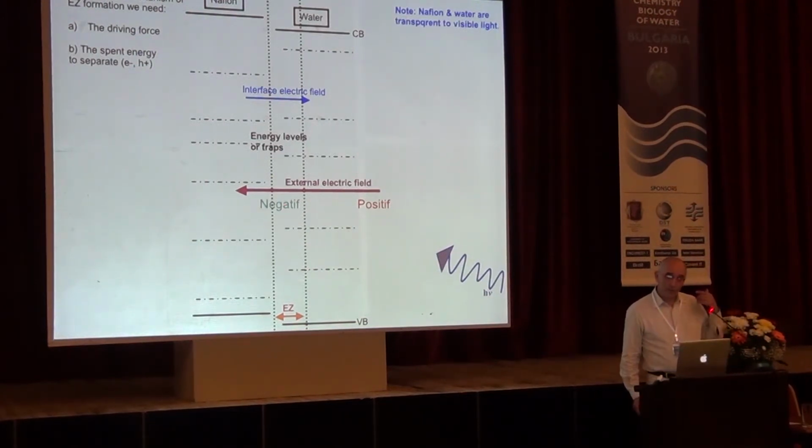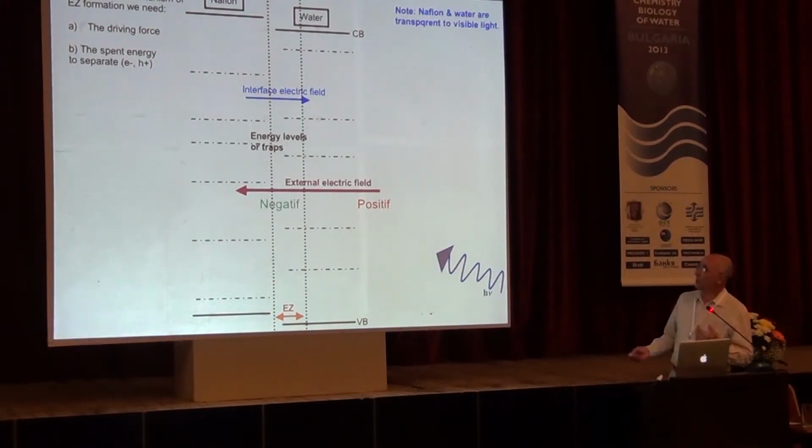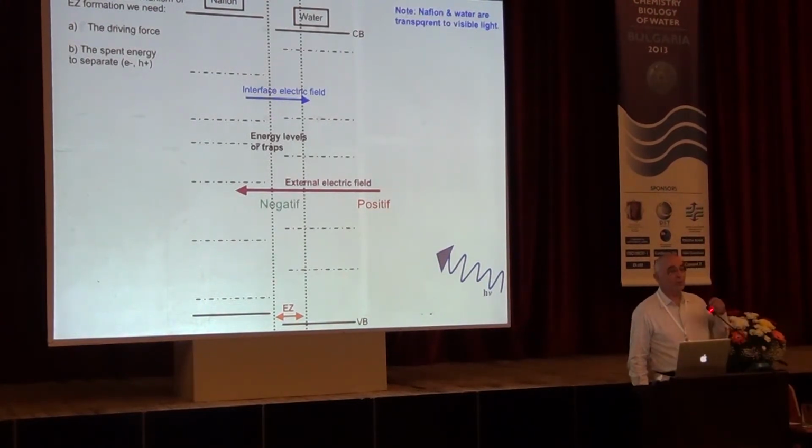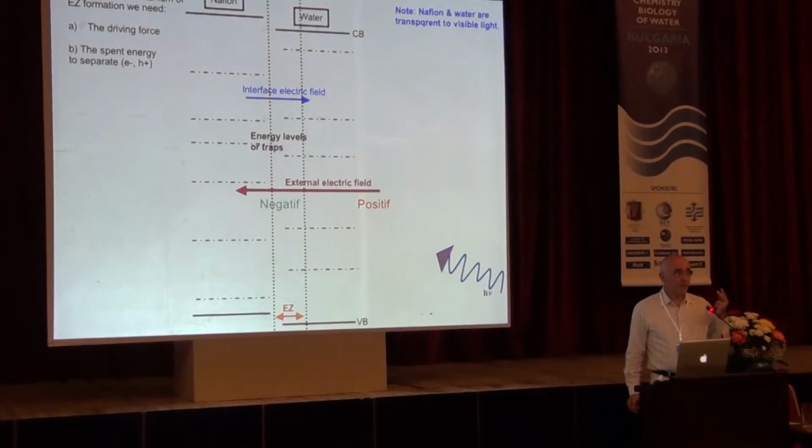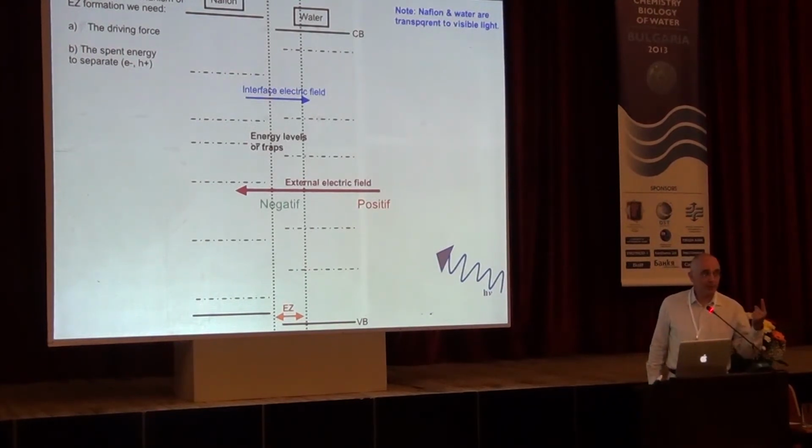And we have another problem. This is a picture of what we would like to have. But if water is going inside the Nafion, we are creating a second interface.